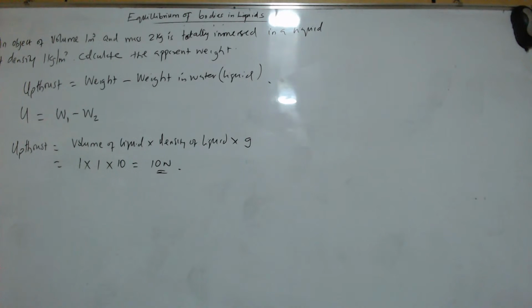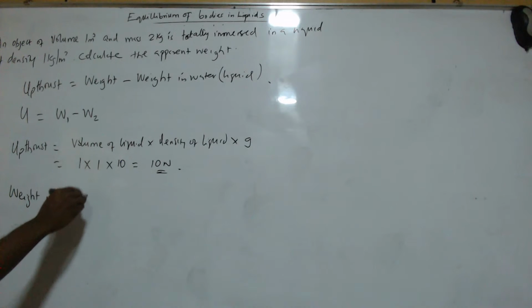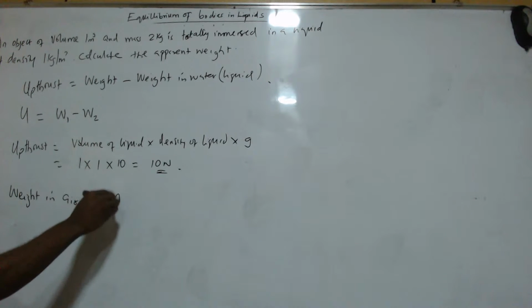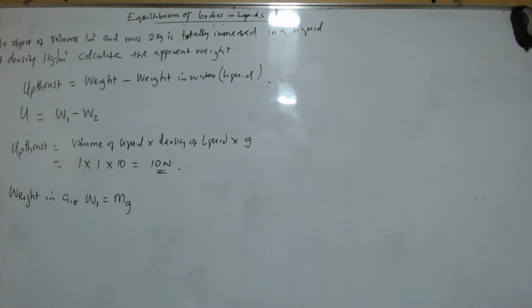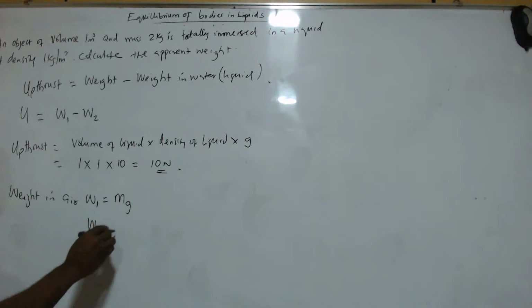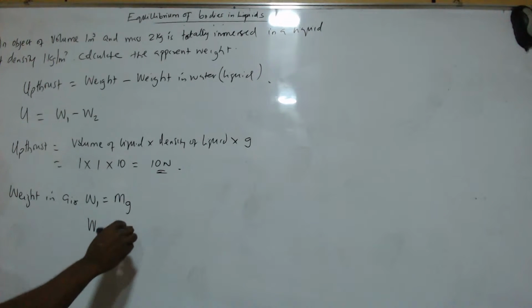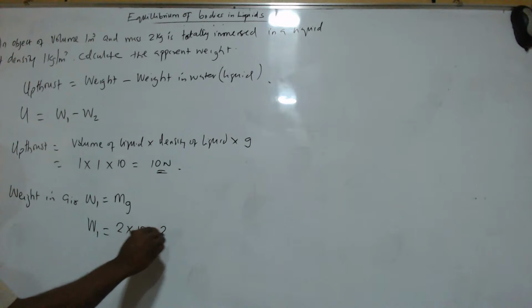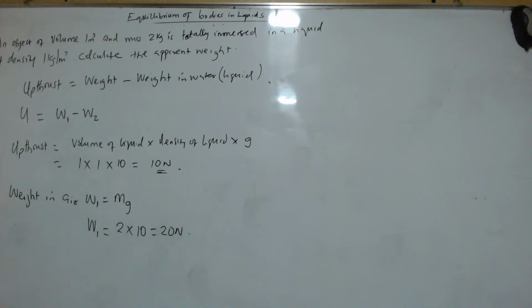Let us find the weight in air. Weight in air, which is W1, is equal to mg. This is the mass. So W1 will be 2 times 10, which is 20 Newton.